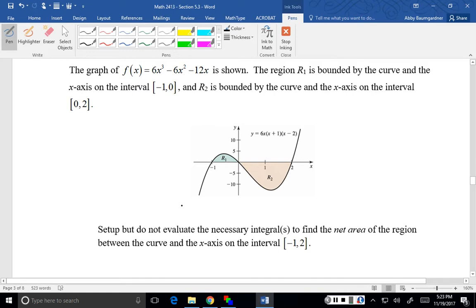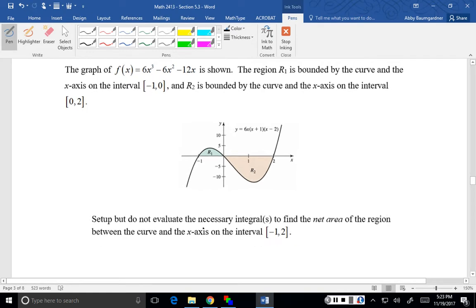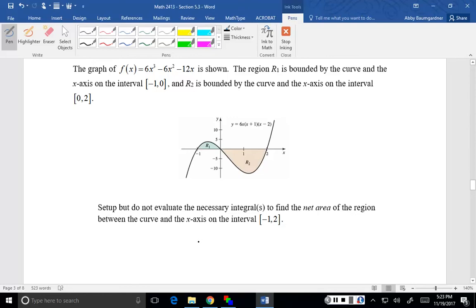I want you to set up, but do not evaluate, the necessary integrals to find the net area of the region between the curve and the x-axis on the interval negative 1 to 2. I'm asking you to set it up but not evaluate. So you don't have to do a whole lot of work here, you just have to set it up.